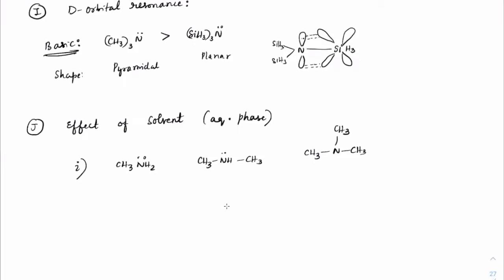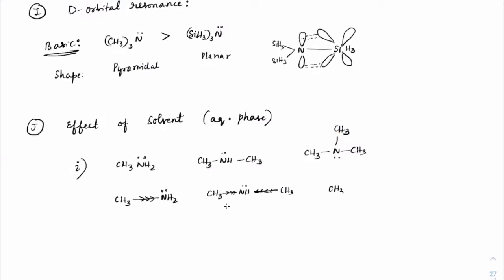Now what is happening here? Every CH3 will try to donate electrons, which means they are showing plus I effect. So their plus I effect will operate this way, electrons being pushed towards the NH2 group. In CH3NH we have electrons also being pushed towards NH.